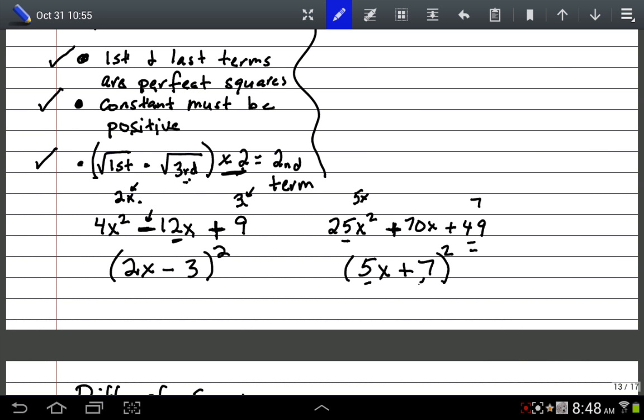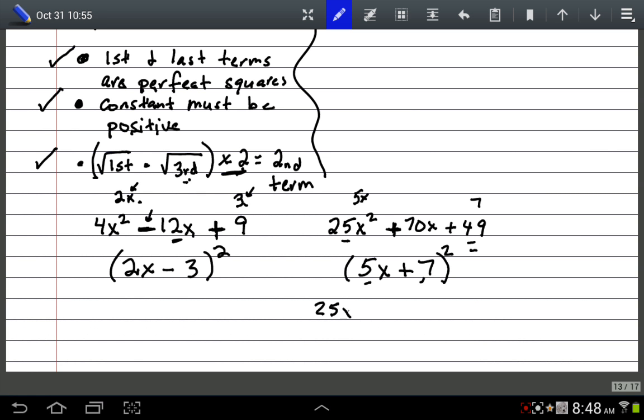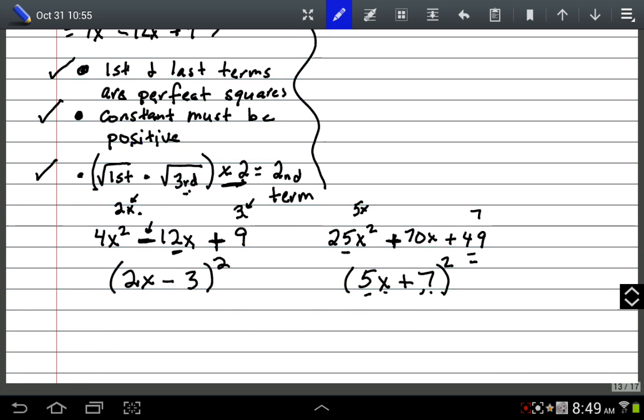So square, square, I would get 25x squared and then 49. And then twice the product: 5x times 7 is 35x, 35x doubled is 70x. There, I've checked my work by doing square, square, twice the product. Okay, so that's all this is really doing, is undoing the square, square, twice the product idea, that shortcut.